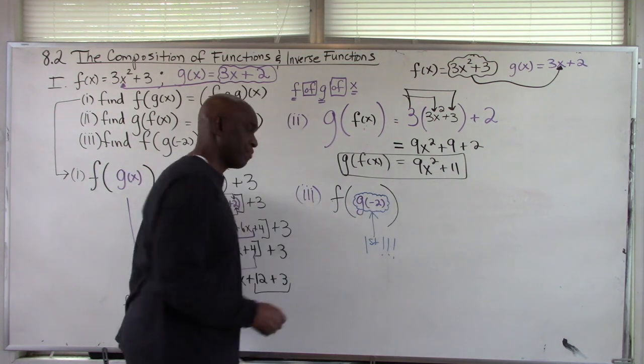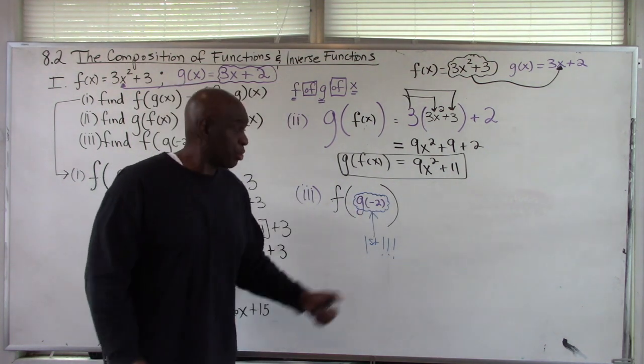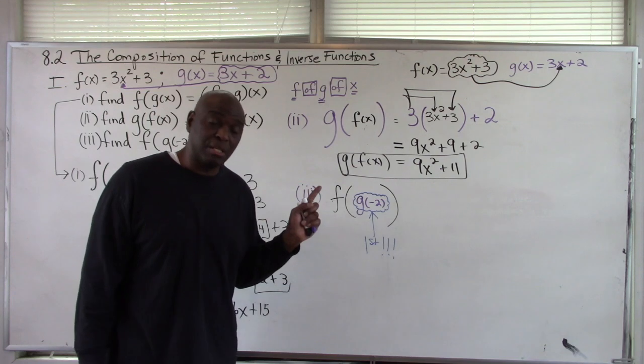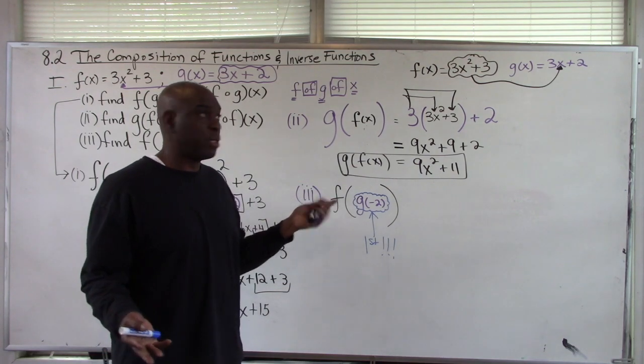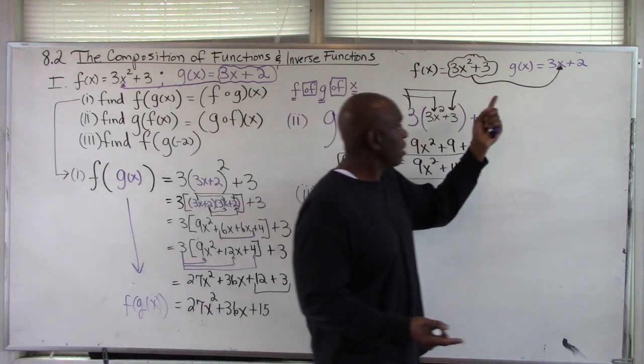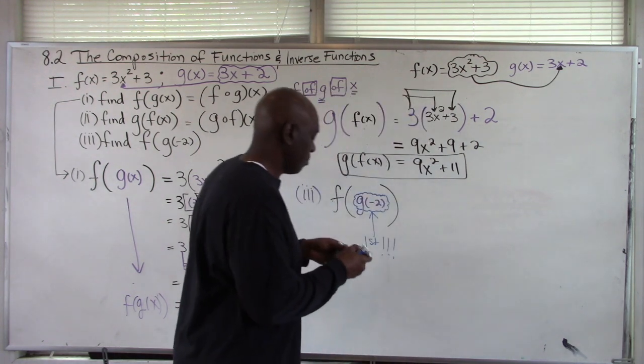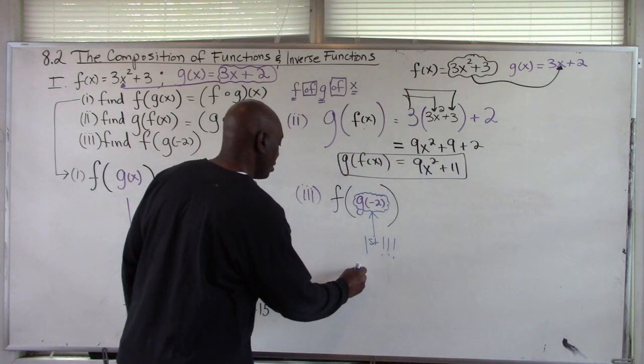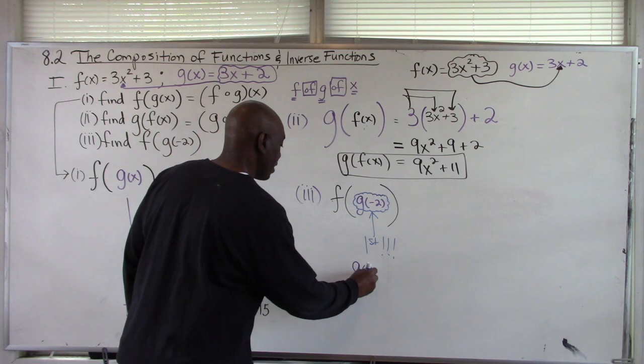What is g of negative 2? In other words, put negative 2 inside of g, and let's see what we get. G is the purple. So what is g of negative 2?